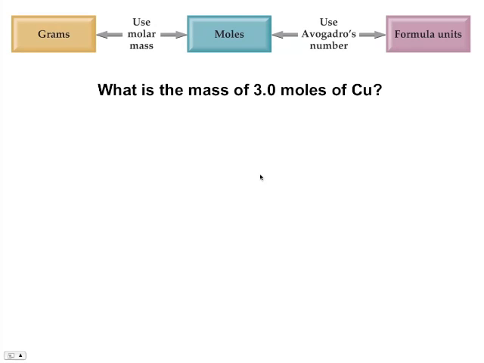Now, in the previous problem, we showed you that if you know the number of moles of something in chemistry, you can count out the actual number of various components in it by using the definition of a mole, which is Avogadro's number. You can count not only formula units and molecules, but atoms, ions, a variety of things.